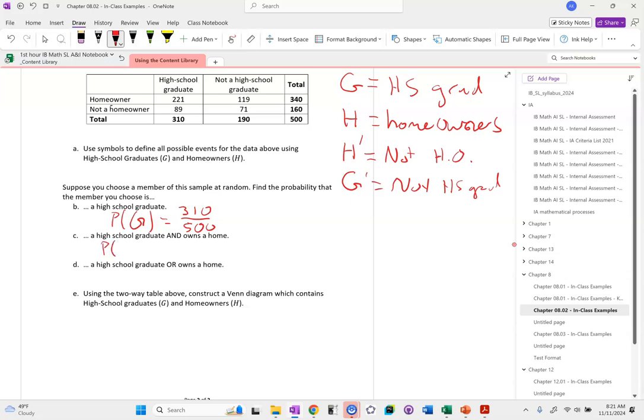Next one, we want the probability that the randomly chosen individual is a high school grad and owns a home. Good. Out of what? 310. No, 500. So 0.442. Okay. The probability that we choose a high school graduate or a homeowner.